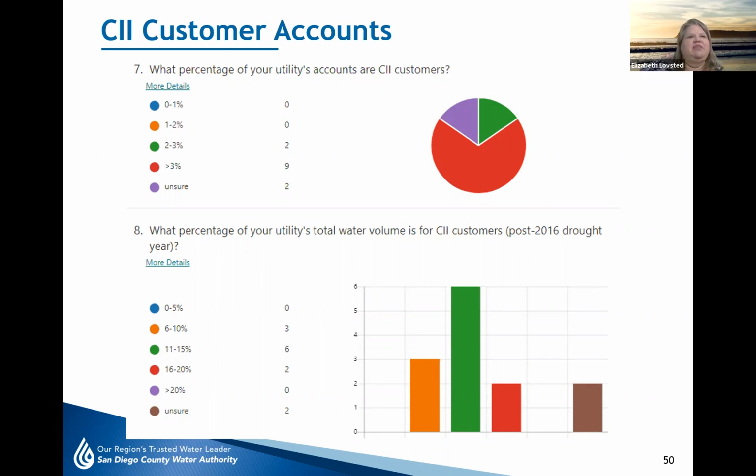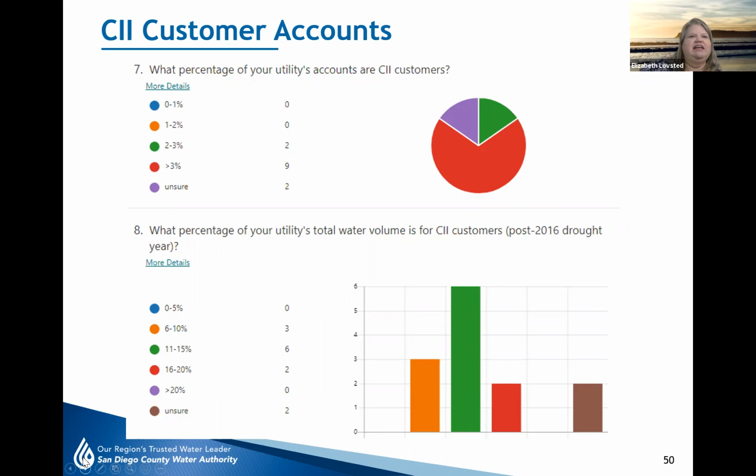And we asked what their percentage of the utility's total water volume was after the drought. Most people said they were between 11 and 15%. There were some between 6 and 10, others between 16 and 20. We had none over 20%, and others were unsure.